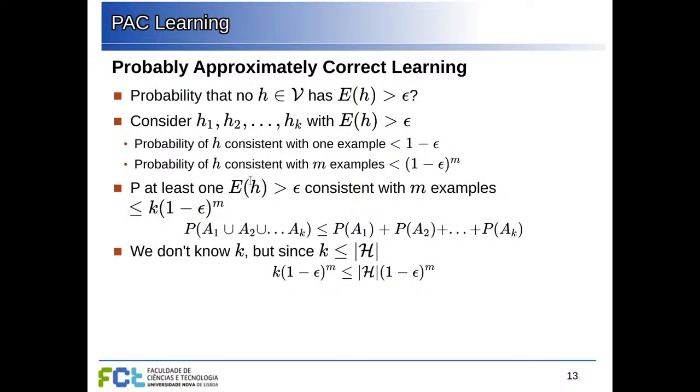Of course, we don't know what k is, because we don't know how many hypotheses in our hypothesis class have a true error larger than epsilon. So we don't know what the k is. But we know that k cannot be larger than the size of the hypothesis class. So we can put a boundary here. We know that this must be small, cannot be larger than the hypothesis class multiplied by this term.